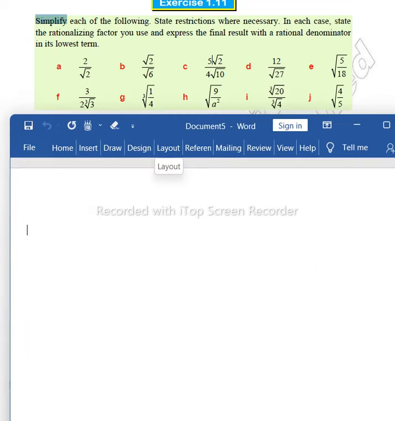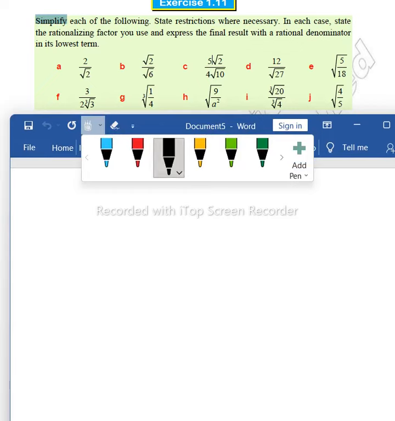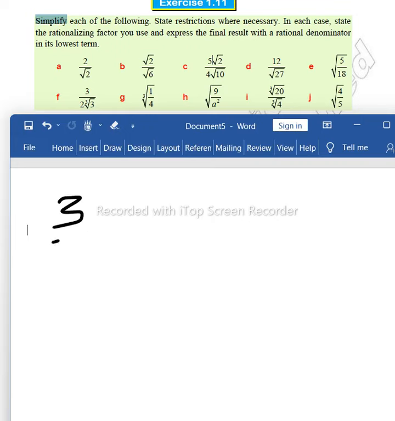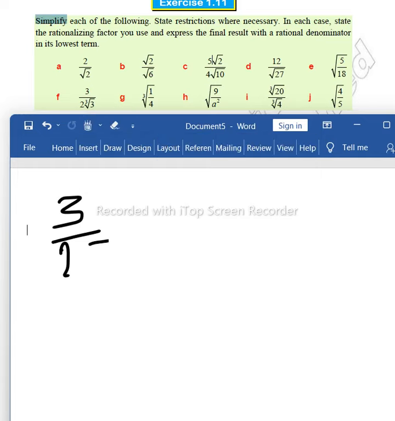Let us do letter F. The question under letter F is the given question. Here we have 3 over 2 times the cube root of 3.